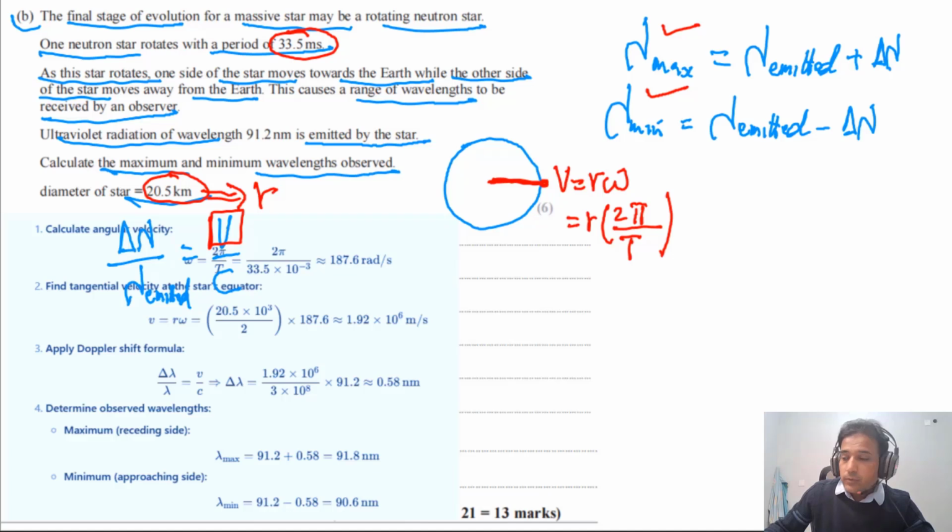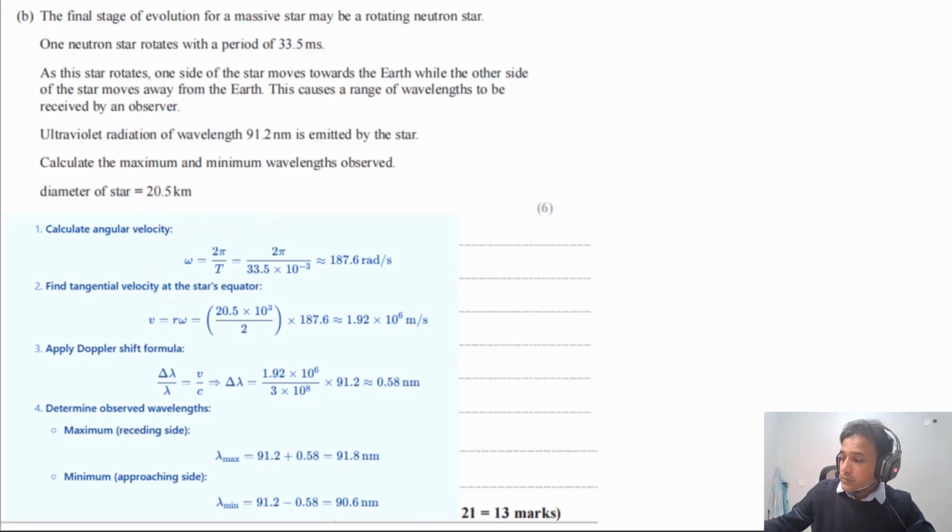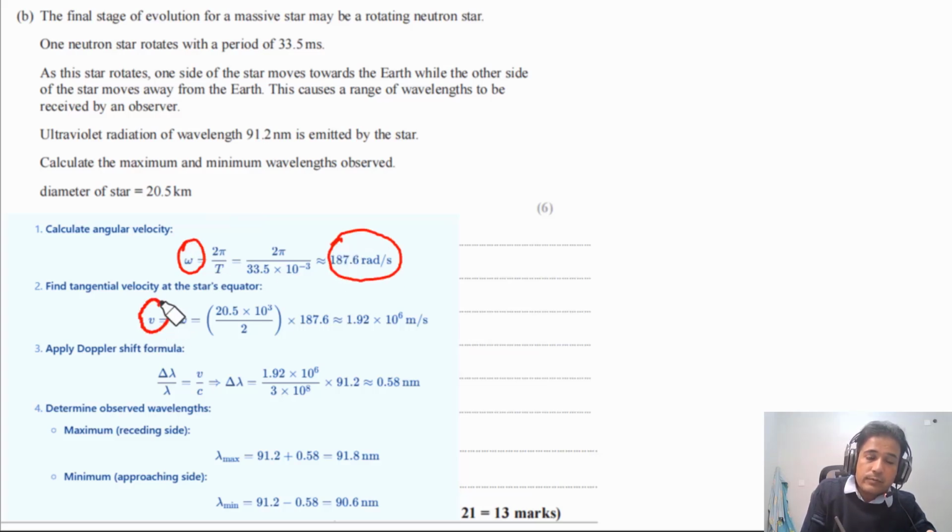So if you look at this answer now, you can see I have written this. First of all, I have calculated omega. So this is the value of omega, and then we have found v max, then we have found delta lambda over lambda, and then from here we have delta lambda.